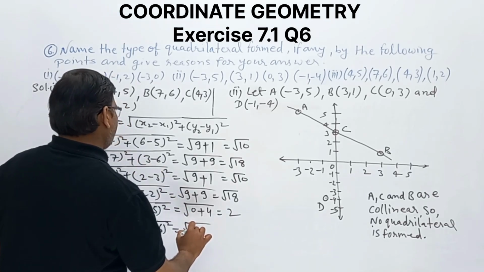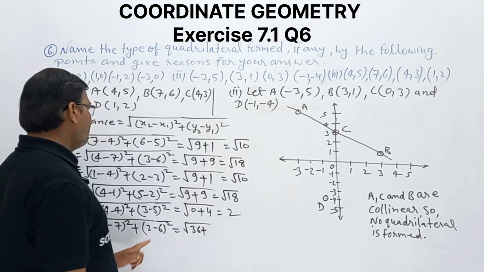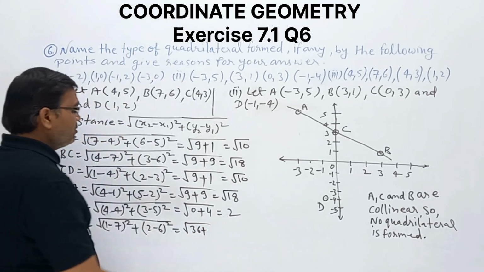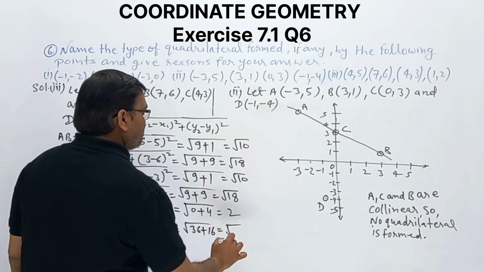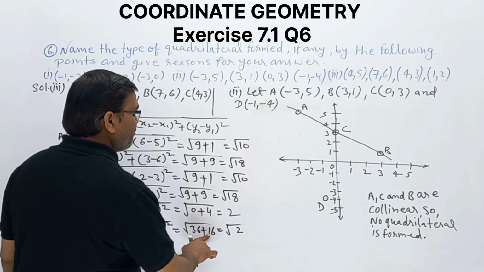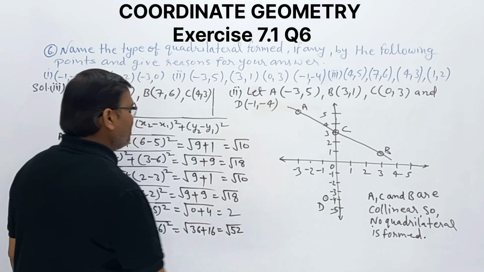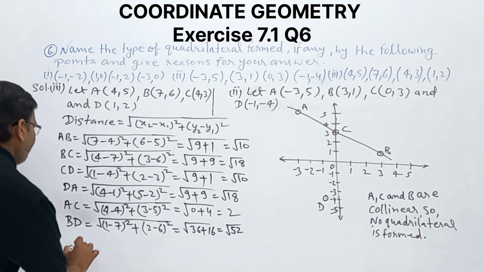Minus 6 square will be 36, plus minus 4 square will be 16. What are we getting? Square root of 36 plus 16, which is 52. Square root of 52.